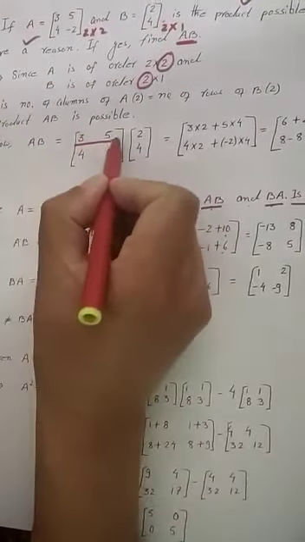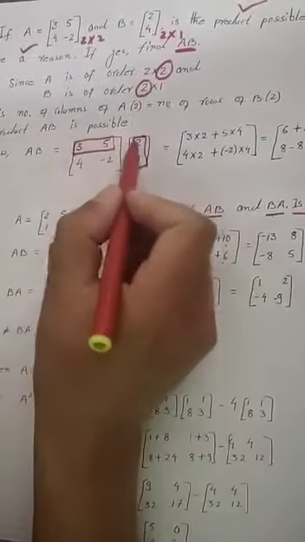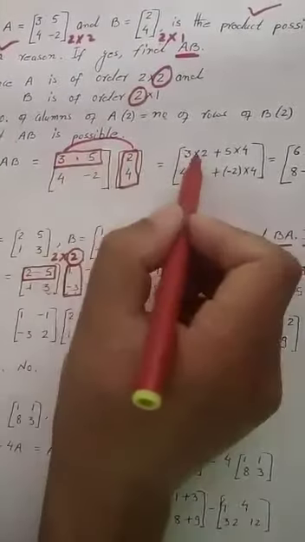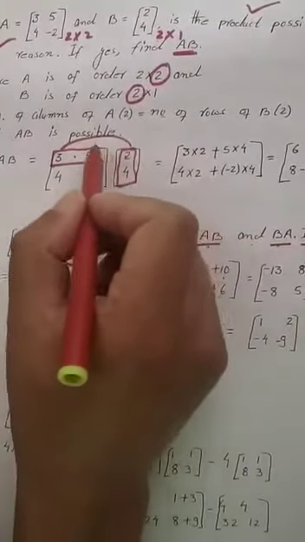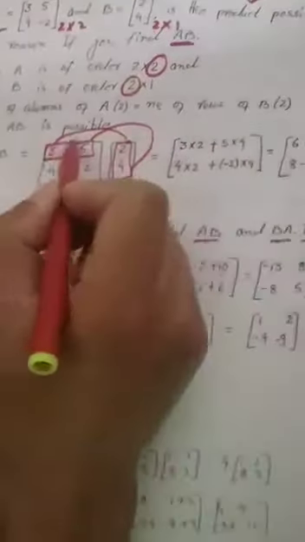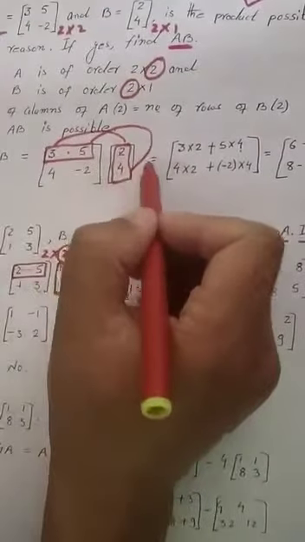First row, first column: 3 multiplied by 2, plus sign in the middle, then 5 multiplied by 4. So this is your first element. We don't have a second column in the second matrix, so no need to do the second part.